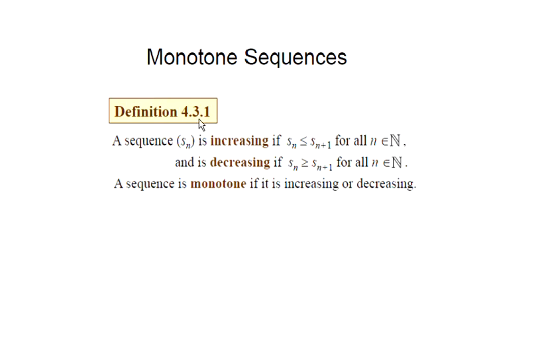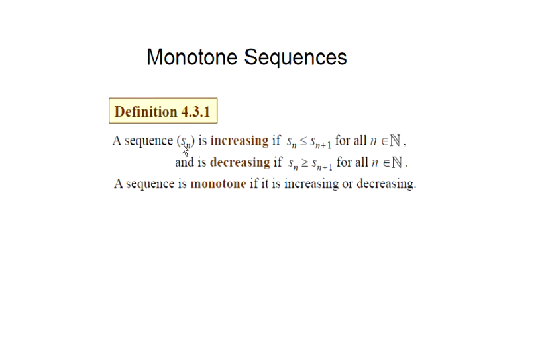Alright, so now we look at the definition of monotone sequences. A sequence S sub n is increasing if S sub n is less than or equal to S sub n plus 1 for all n an element of the natural numbers.